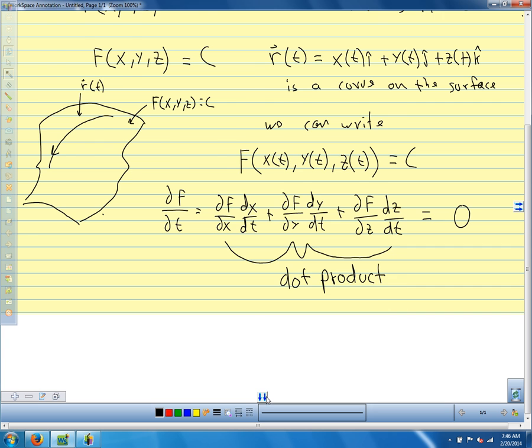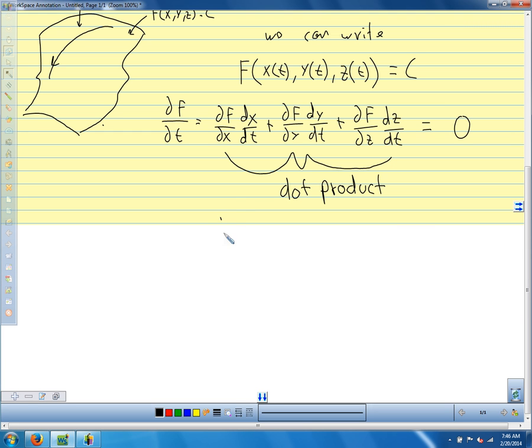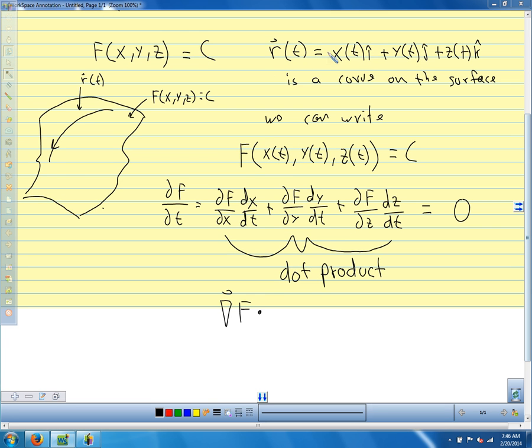This is the dot product of del f and what is the vector dx dt i, dy dt j, dz dt k? If r is x of t i, y of t j, z of t k, that's going to be r prime.